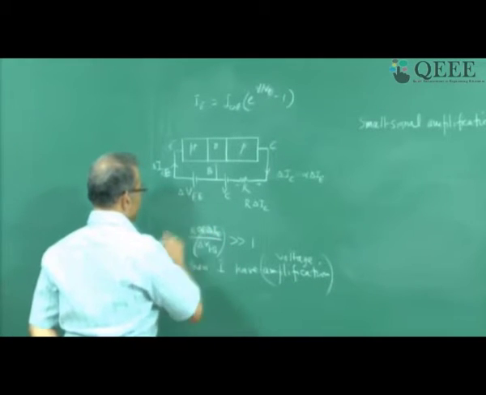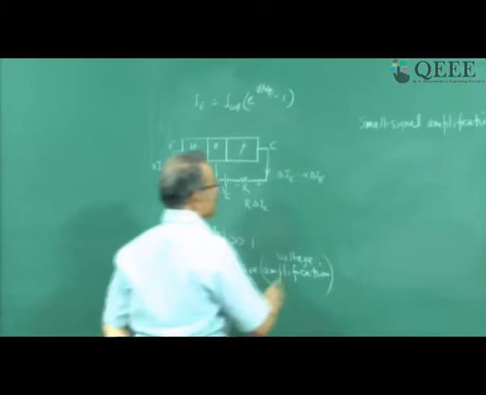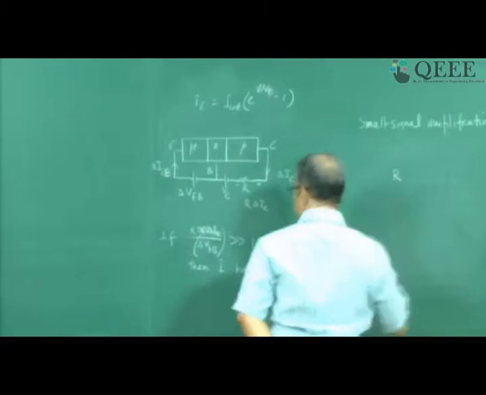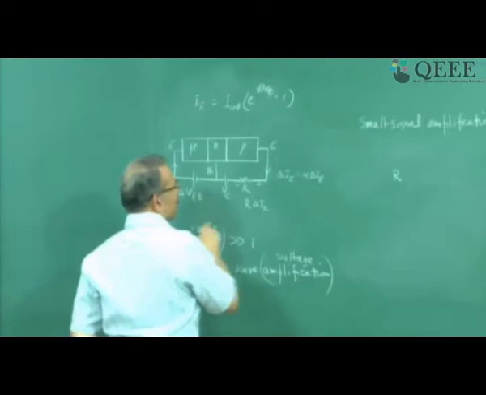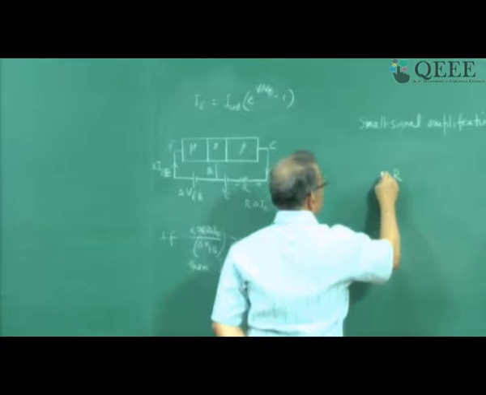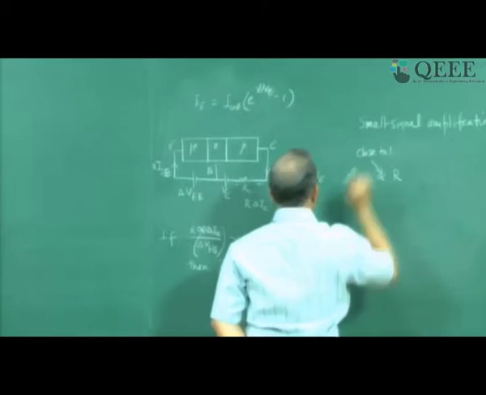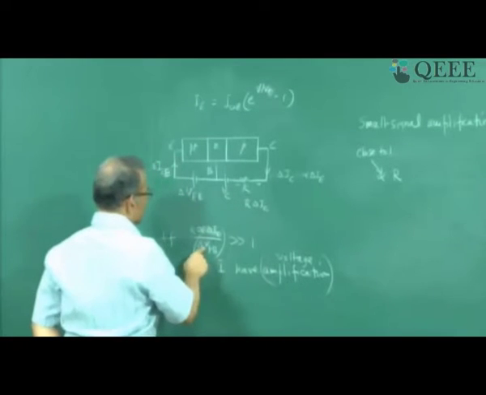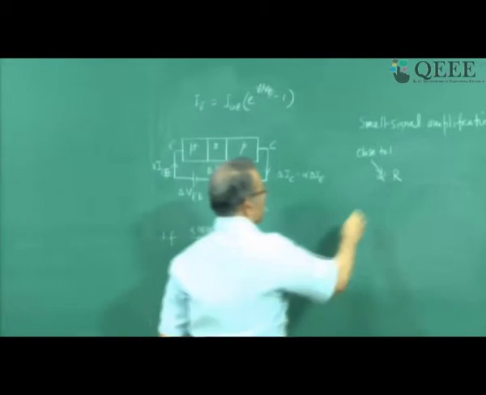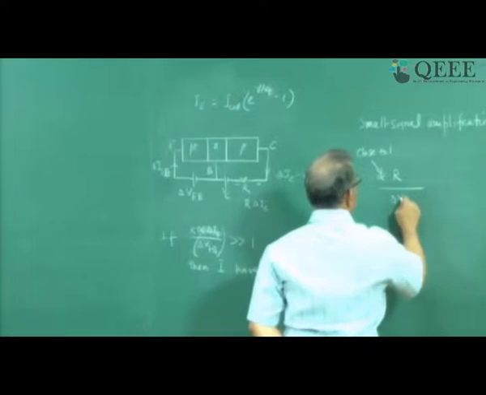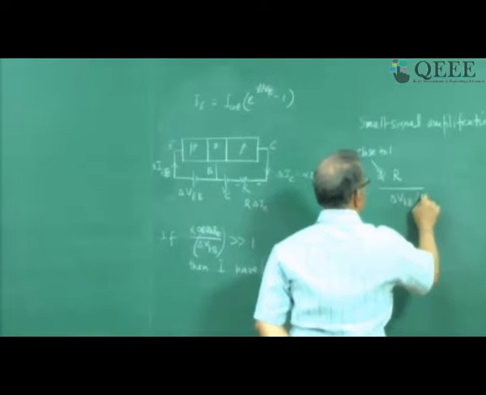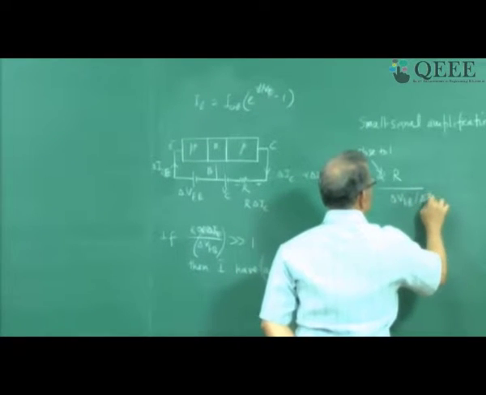And then compare with R. So let me write that here, R into alpha, which is very close to 1. This quantity is close to 1. Divided by delta VEB by delta IE. That is also a resistance, delta VEB by delta IE.